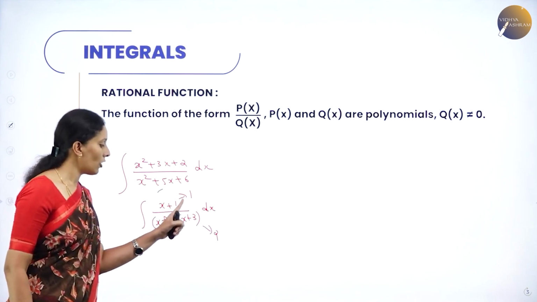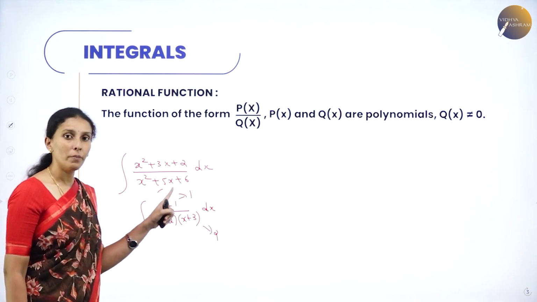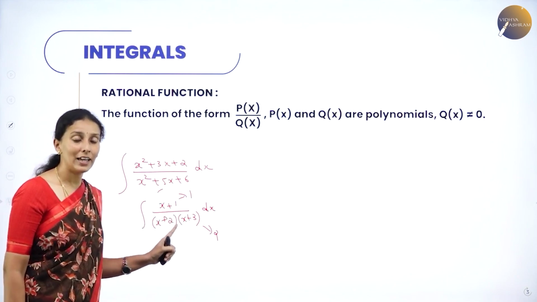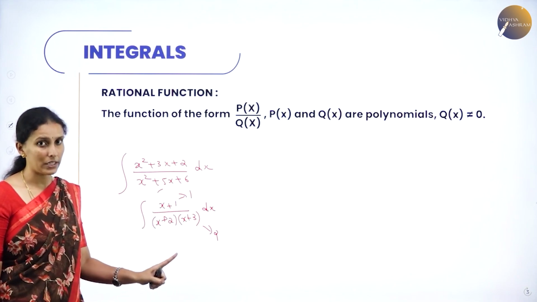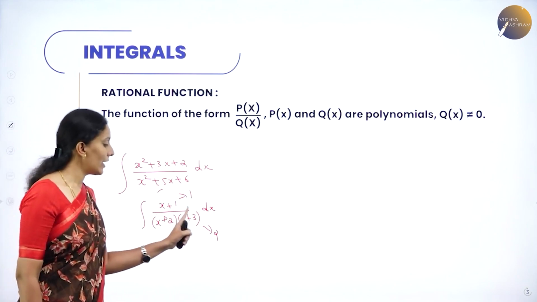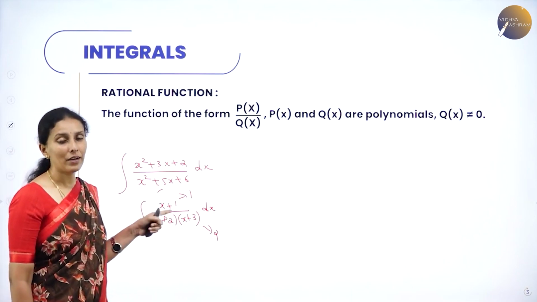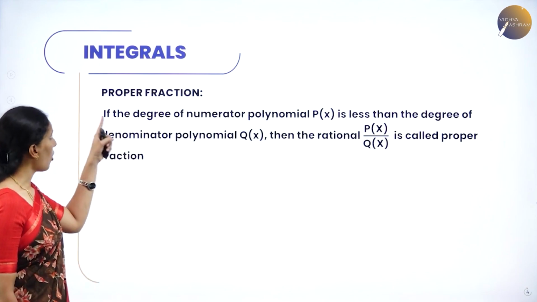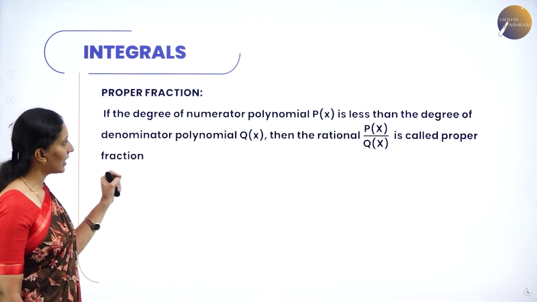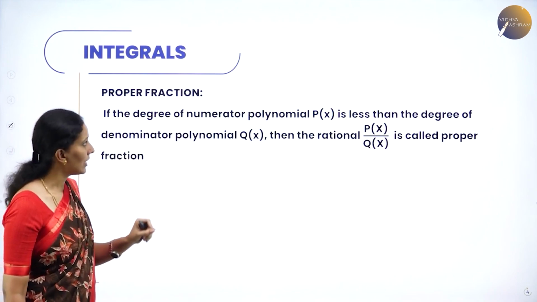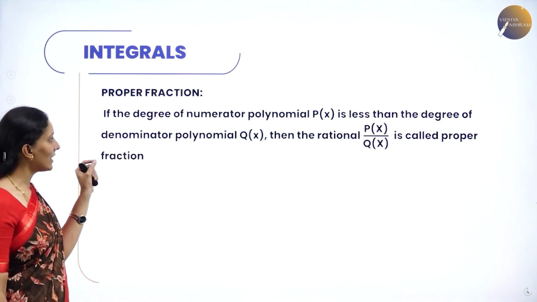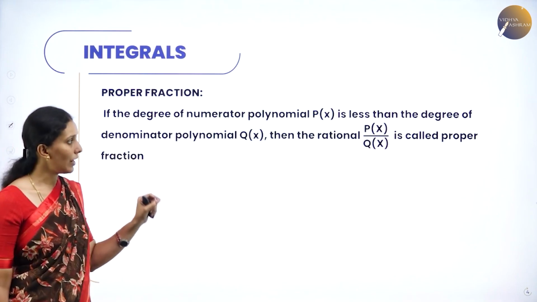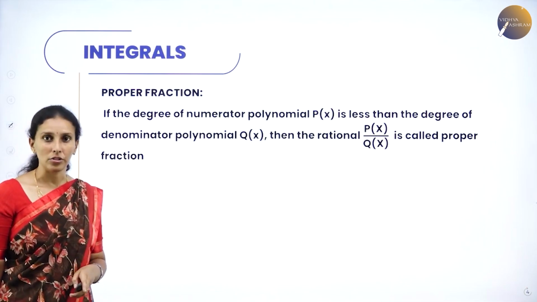So whenever the degree of the polynomial in the numerator is less than the degree of the polynomial in the denominator, or you can say the degree of the denominator is more than the numerator polynomial, then we say it is a proper fraction. That is, if the degree of the numerator polynomial is less than the degree of the denominator polynomial, then it is a proper rational function.